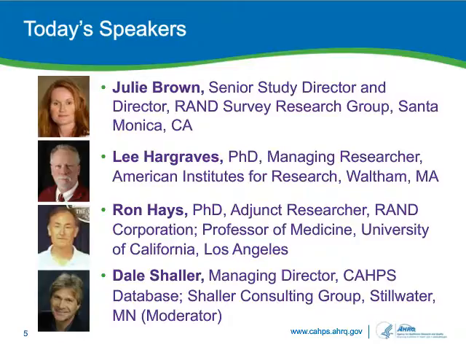And we have Ron Hayes, who is Adjunct Researcher at RAND and Professor of Medicine at UCLA, who has served as a Principal Investigator for the RAND CAHPS team since the beginning of the CAHPS program in 1995. And again, my name is Dale Schaller, and I've been a member of the CAHPS team for nearly 20 years, serving on the CAHPS reports and quality improvement teams, and also as Managing Director of the National CAHPS database.